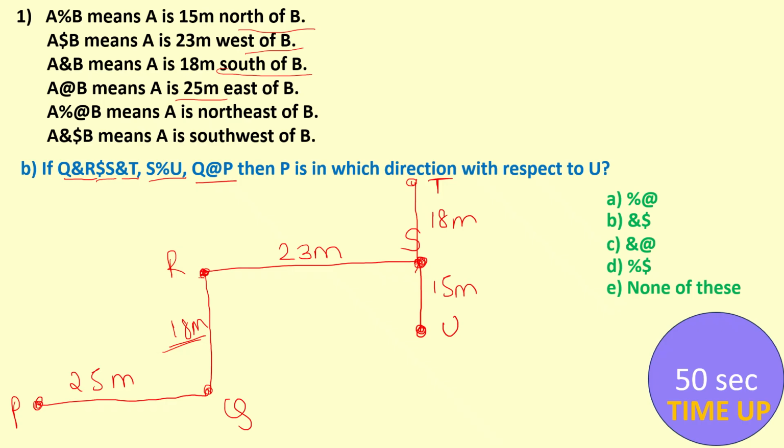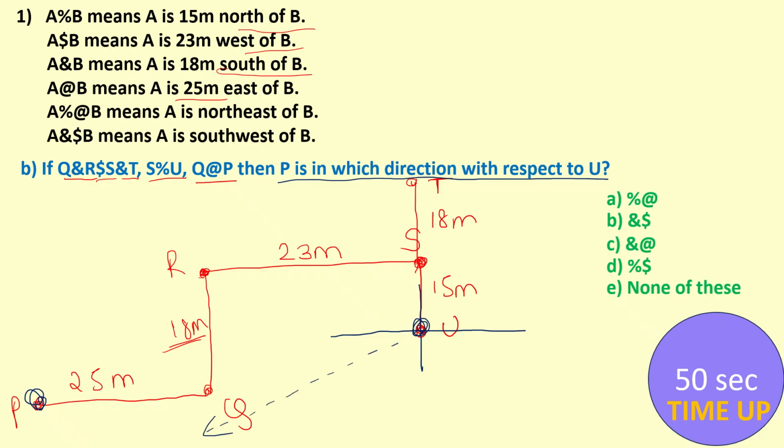So what is the question asked here? P is in which direction with respect to U? So U is here and your P is here, correct? If you see from the U point of view towards P, this is in which direction?